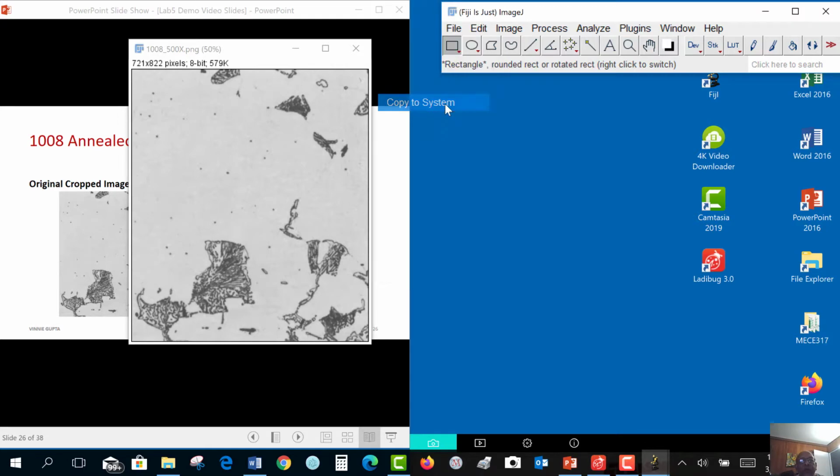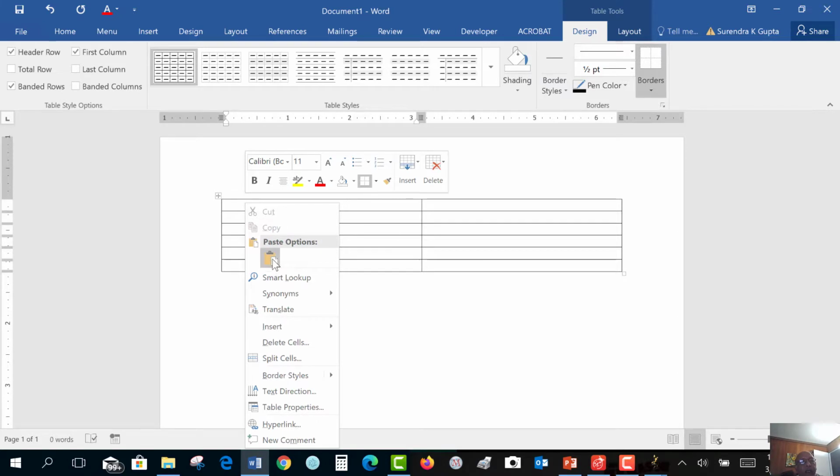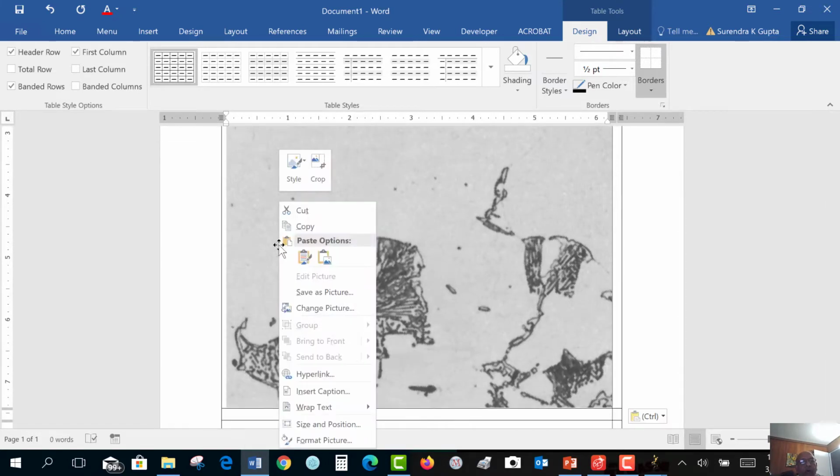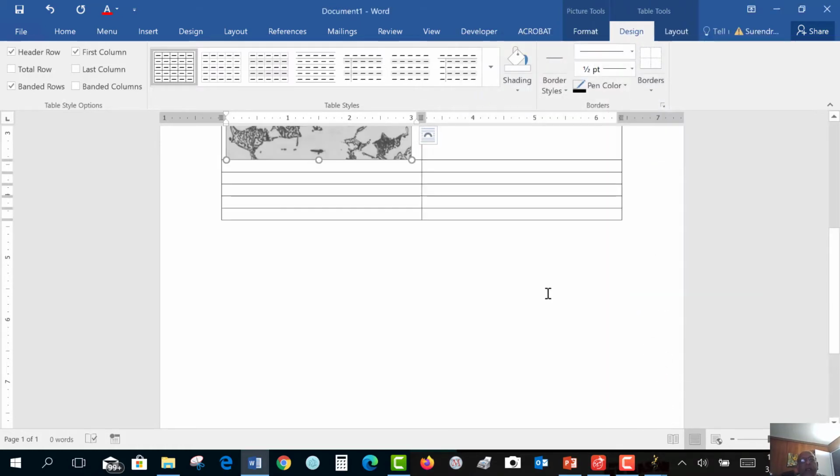I'm going to copy it to the system, go to the Word document and paste it. Now I want all my images to be 3 inches in width. So I'm going to change the size and position to 3 inches so that it'll fit nicely.